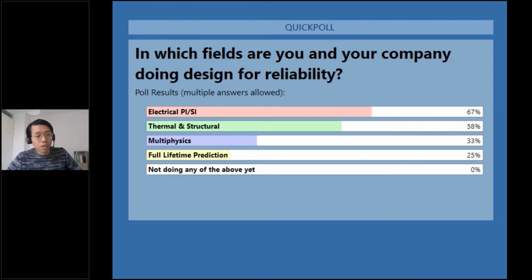I'm very happy to see some of the audience already doing multiphysics considerations, and even a quarter of us are doing full lifetime prediction. But let's dive into these topics, especially thermal structure, multiphysics, and lifetime prediction, because, as we can see, fewer people are doing those now, and let's understand why they are so important for the success of our design.